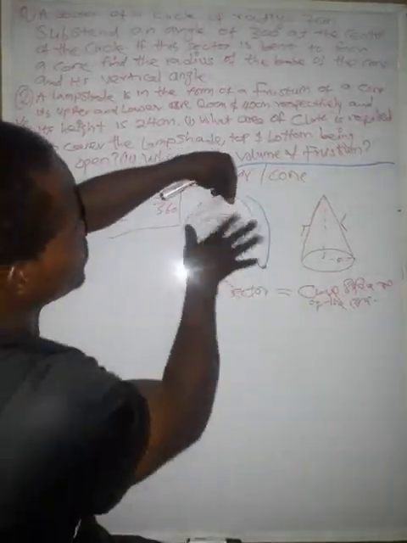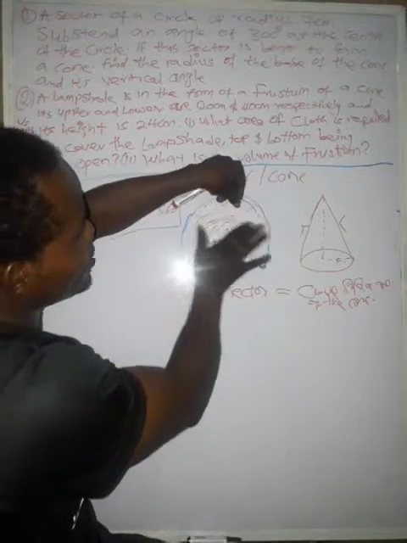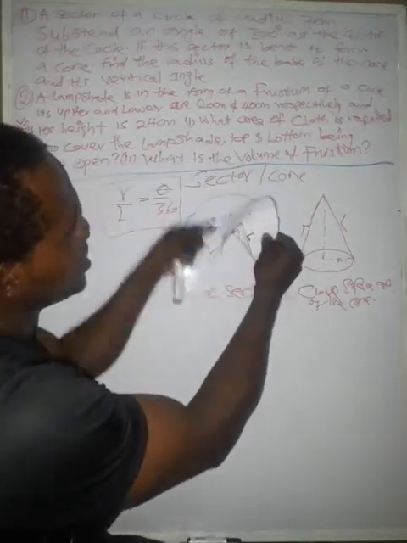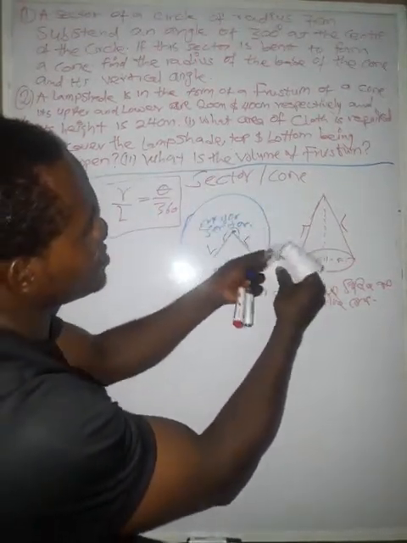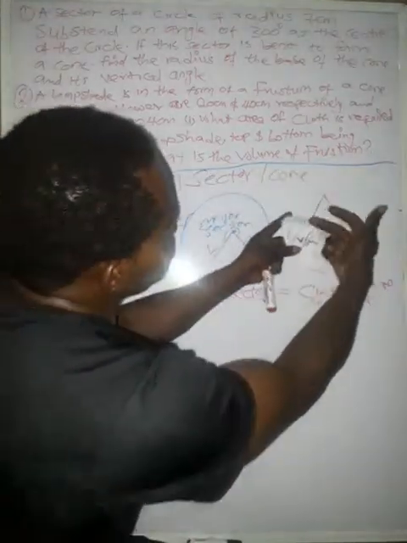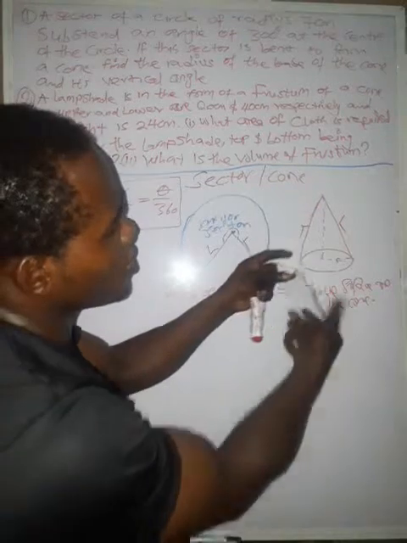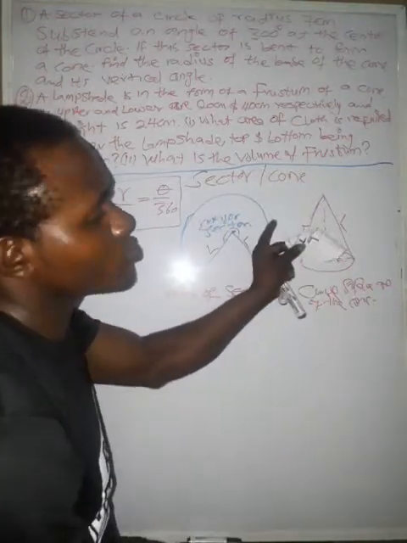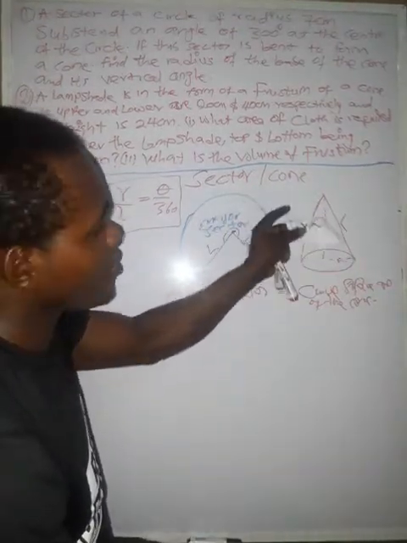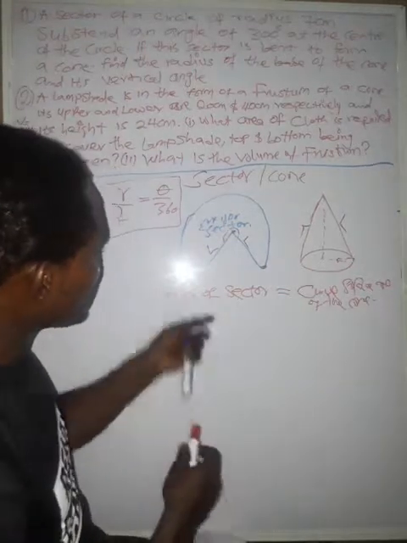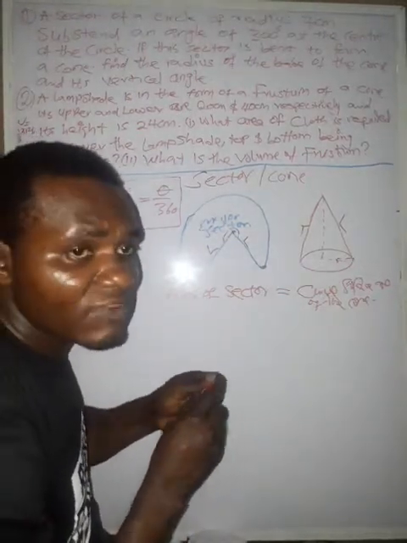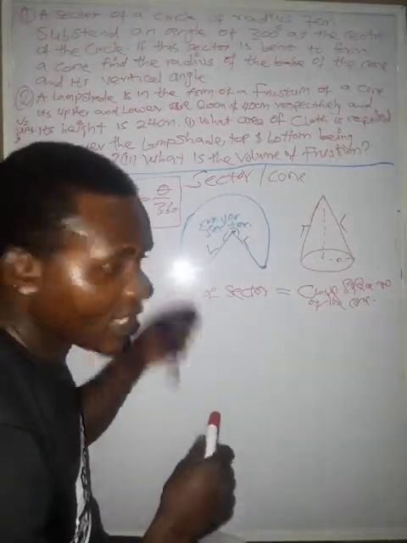If you shade everything here, it is the area of the sector. By the time you fold it, it becomes the area of the curved surface of the cone. So what's the area of a sector? I've already covered that in my earlier video.